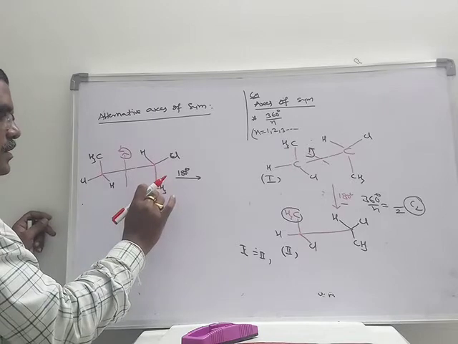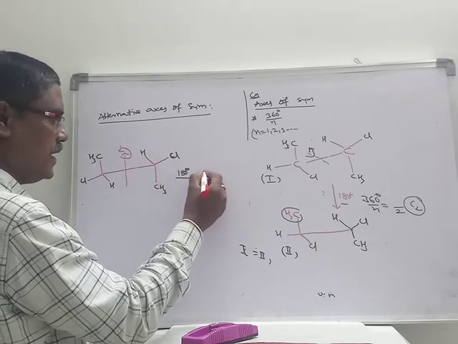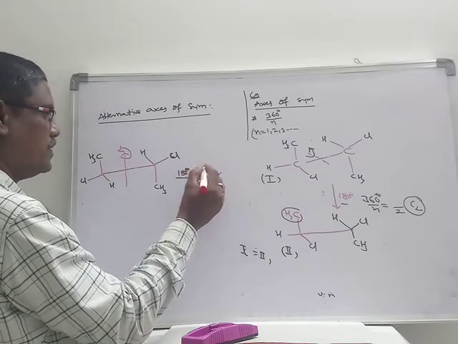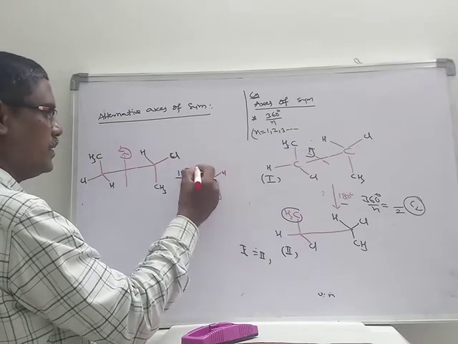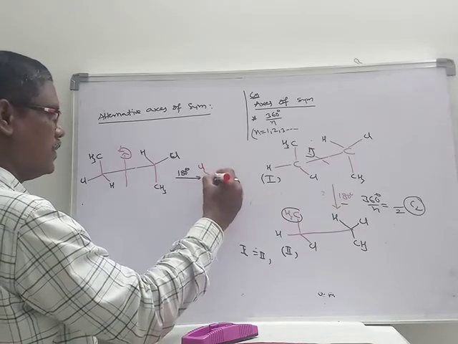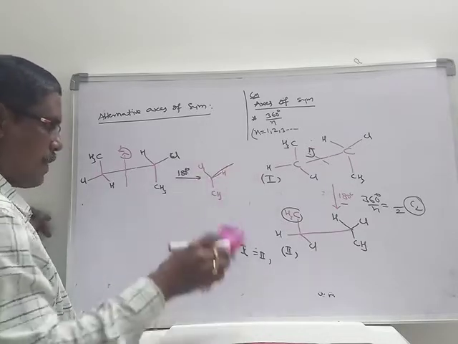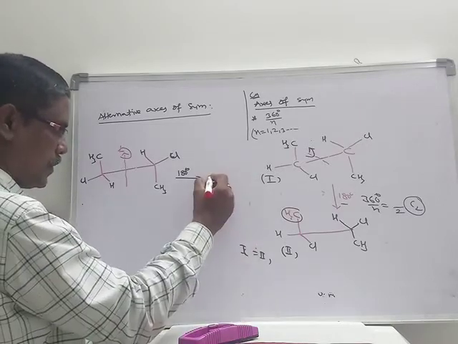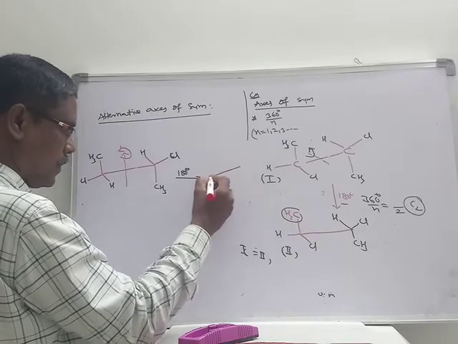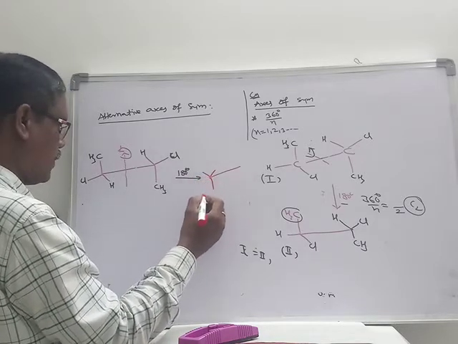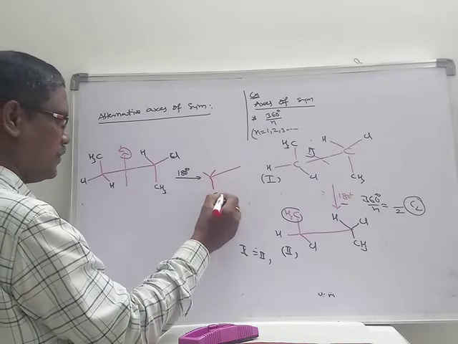CH3 downside is obtained on this side only. So this is the CH3. This is the H only. This is the Cl. Okay, and this is the CH3.